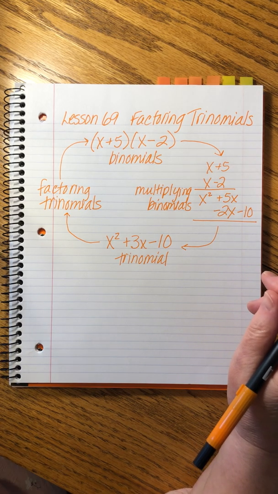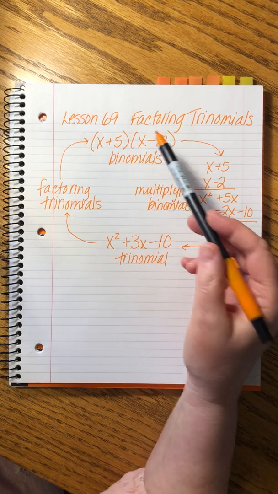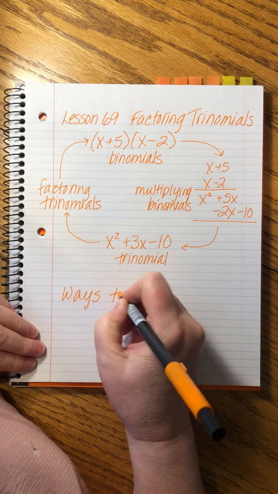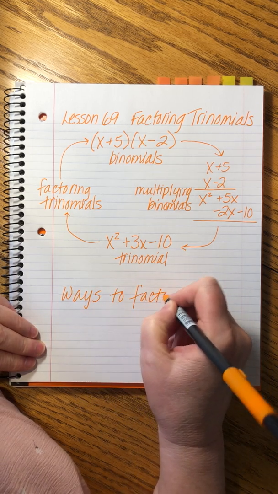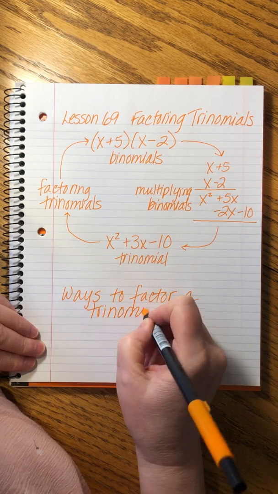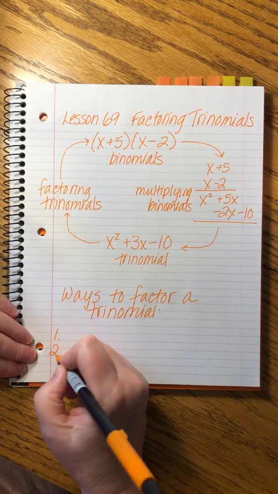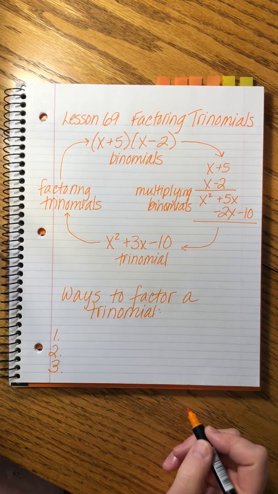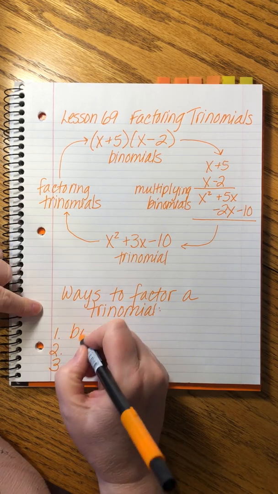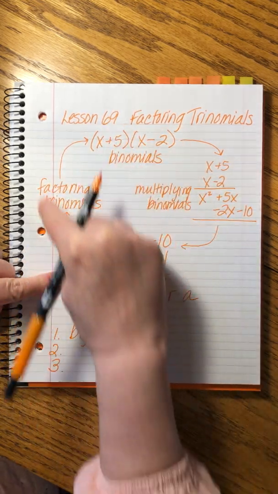All right, now there are a couple simple rules that we do use. Well, let me say this first. There are three ways to factor a trinomial. I'm not going to tell you them all today, but what I'm going to tell you is the first way. So there's multiple ways to go from here to here.